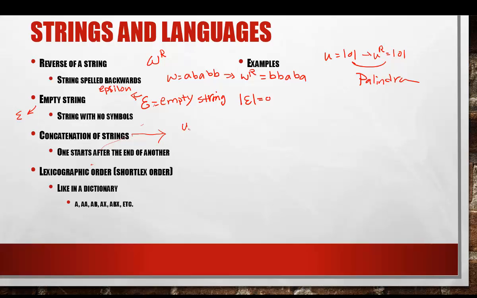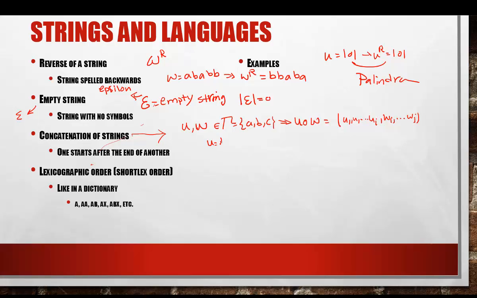So if you have strings U and W, both belonging to some alphabet, let's say gamma, coming from, say, letters A, B, and C, then the concatenation of U and W is basically a sequence where you get all the letters from the first sequence, and then attach them before the second sequence, right?